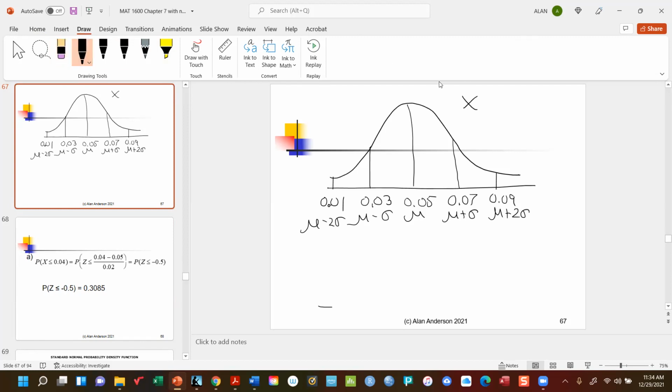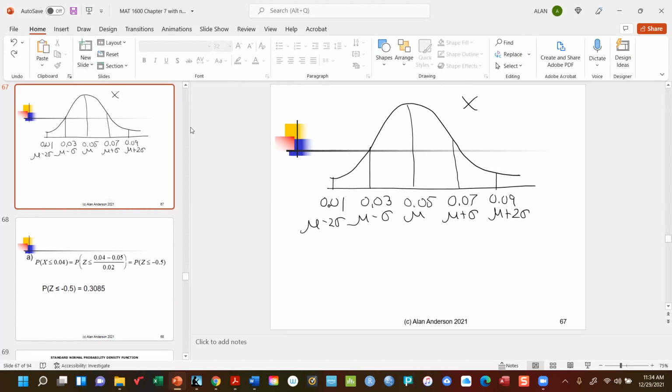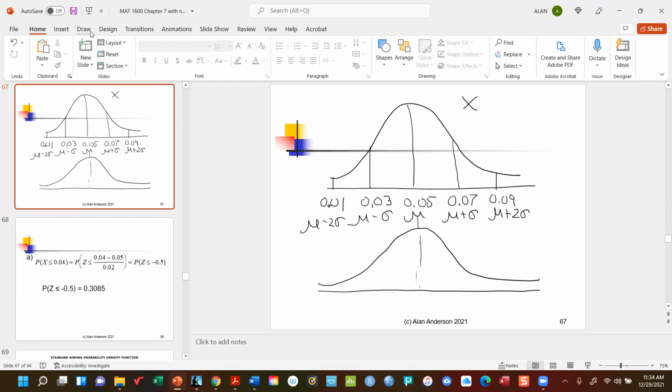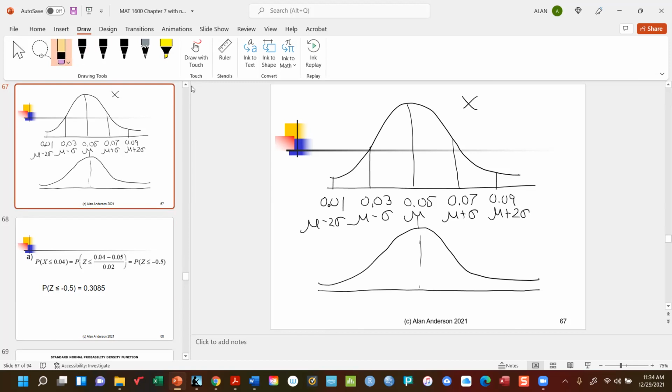Now, for the corresponding standard normal distribution, Z, the mean is 0.